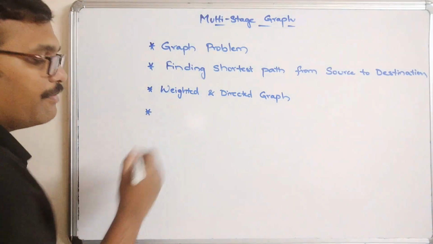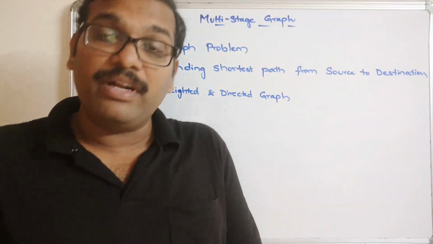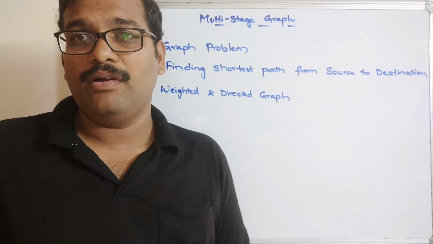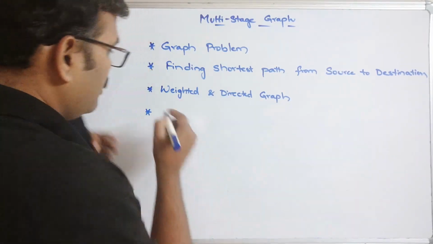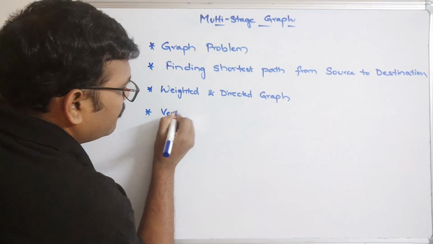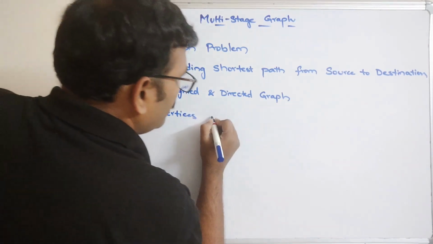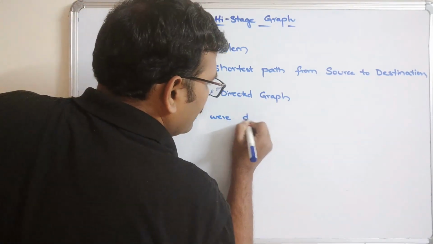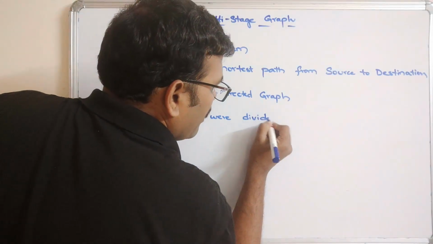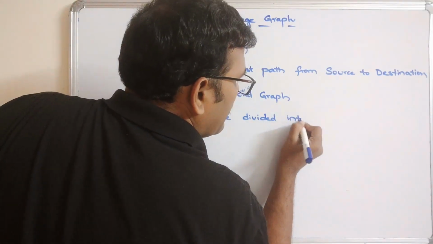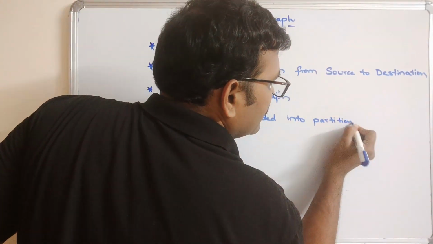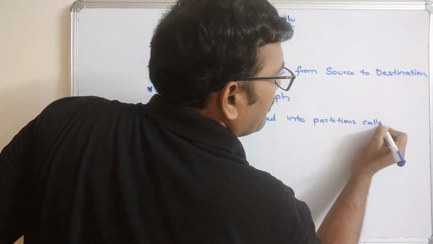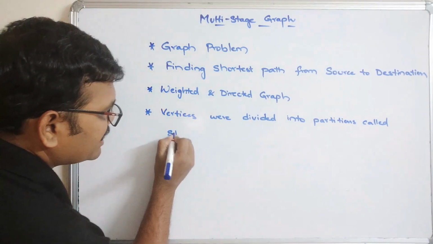And here the vertices will be divided into different stages. Okay, so some sort of partitions, right? Vertices are divided into partitions called stages.